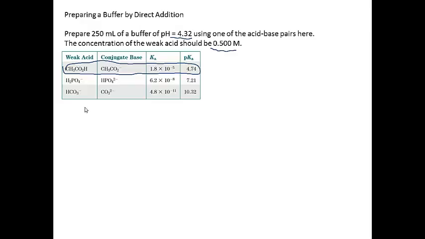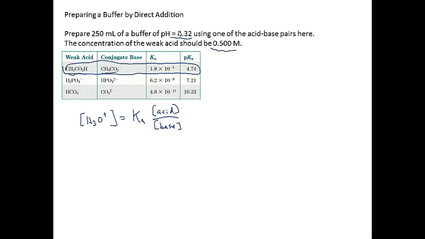The next thing to do is to determine the ratio of acid to base that we want. That is the ratio of acetic acid to acetate we're going to need. And so we're going to use the fact that we saw before, that H3O+ concentration for a buffer is equal to the Ka times the concentration of the weak acid over the concentration of the weak base.